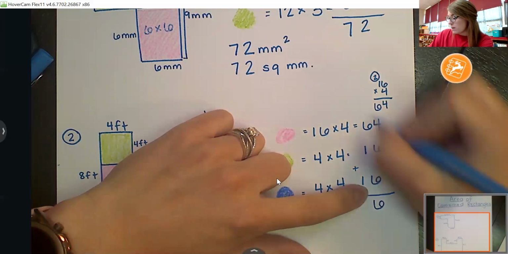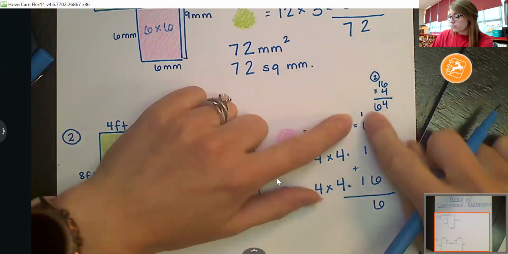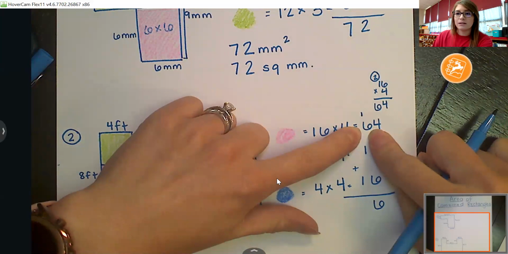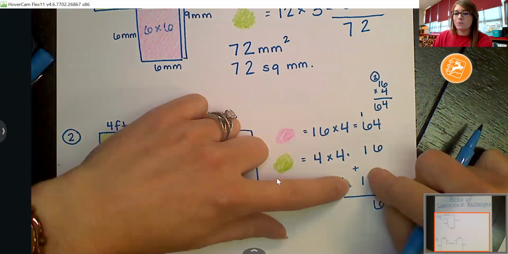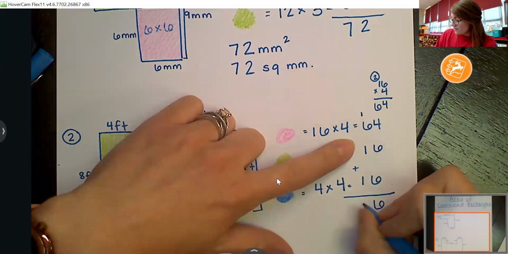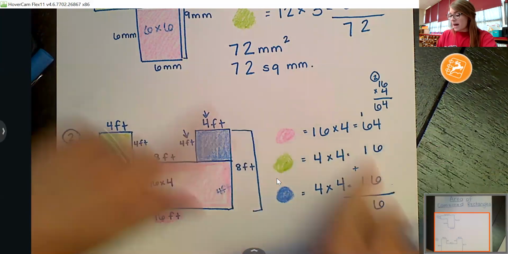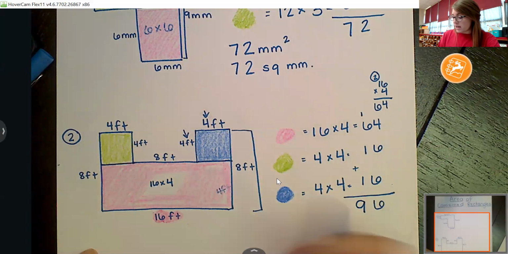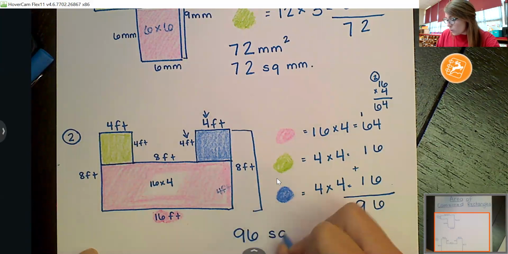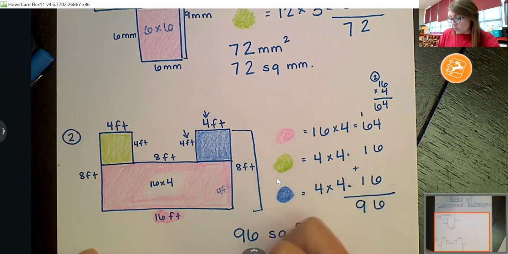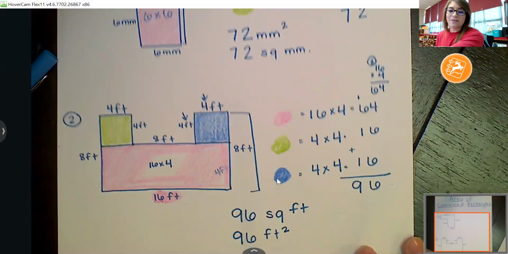So 6, carry my 1 up top. 1 plus 6 is 7. 7 plus 1 more, 8, and 1 more, 9. Very good. So the combined area of this shape is 96 square feet, or remember, you can also say it like this, feet squared.